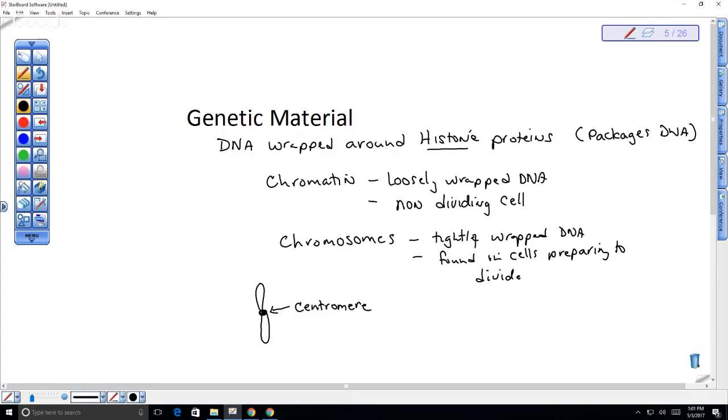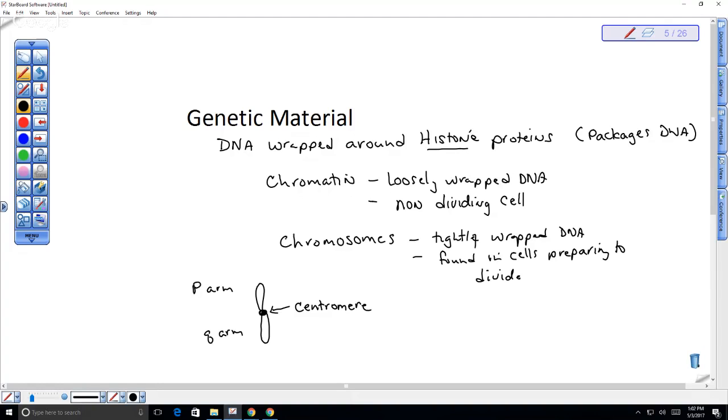The arms actually have a letter associated with them. This is the P arm, and this is the Q arm. Sometimes the P arm is smaller, but we have figured out exactly what our chromosomes look like, so we know if they're upside down or right side up by the way that they stain, okay?